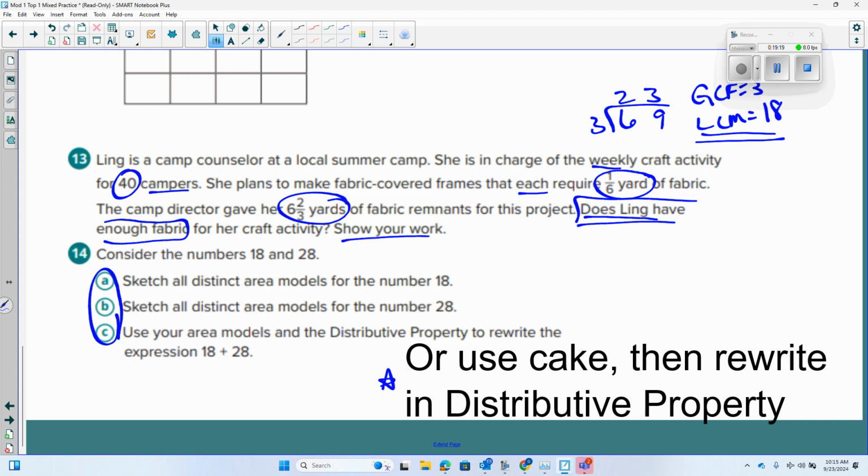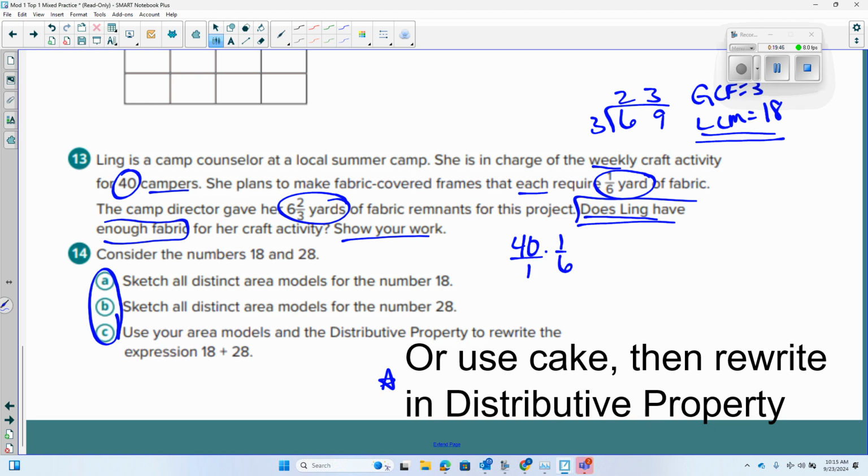So there's actually a couple of different ways to do this. I could take the 40 times 1/6 to see how much I need, or I could divide the 6 2/3 by 40 to see if I get enough. To me, it's going to be easier to do 40 times 1/6, to see how much I would actually need to do the craft.